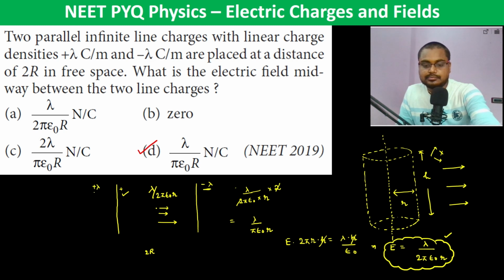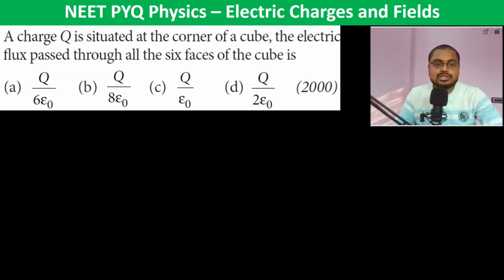Thank you. A charge q is situated at the corner of a cube. Okay, so it is situated at the corner of the cube here. Now to completely enclose this charge, we will require 8 cubes.